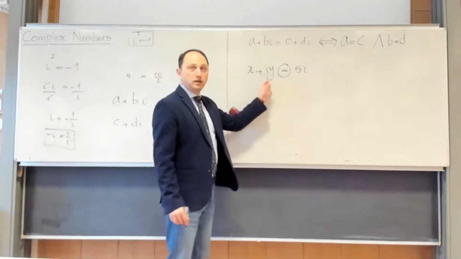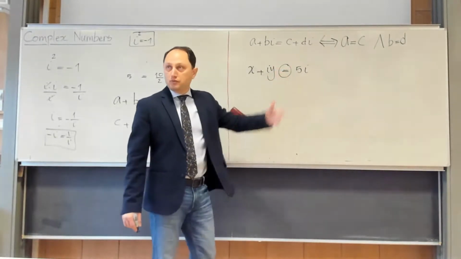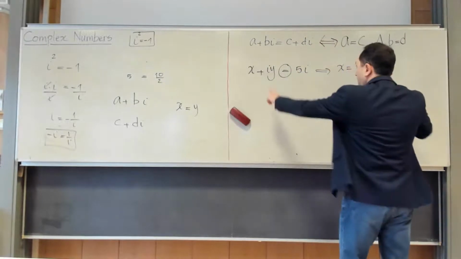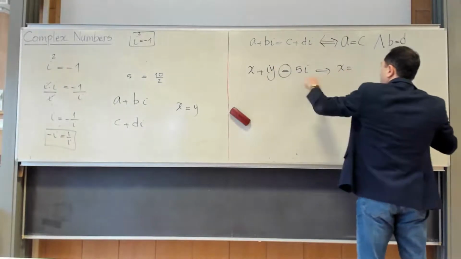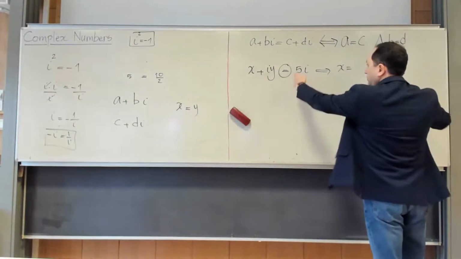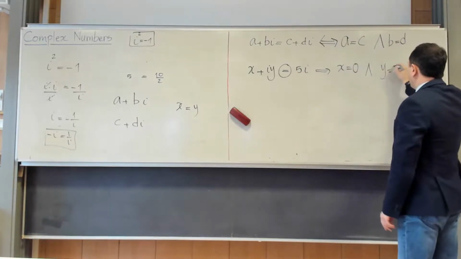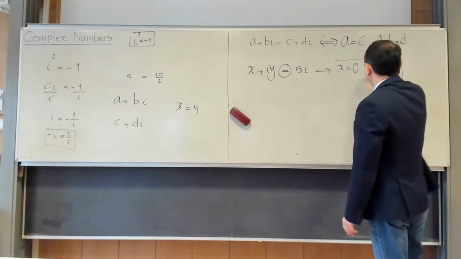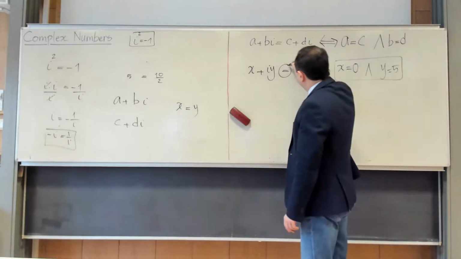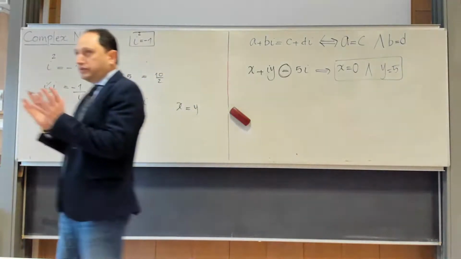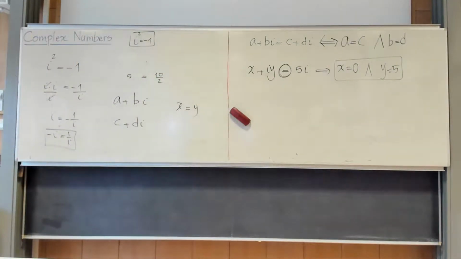Two, X and Y. With one equation, I can solve both of them. According to the definition, X should be the real part, and there is no real part here, it's 0. And the second one should be equal to 5. So actually, equalities of complex numbers always contain two pieces of information, one regarding the real part and one regarding the imaginary part.